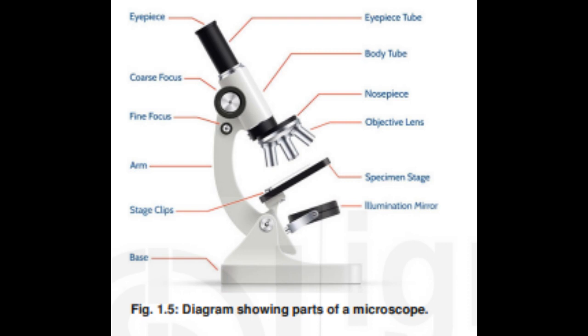Condenser lens. The condenser is mounted below the stage where the specimen is placed and focuses a beam of light onto the specimen. When it provides uniform illumination in the region of the object under observation, it is referred to as critical illumination.